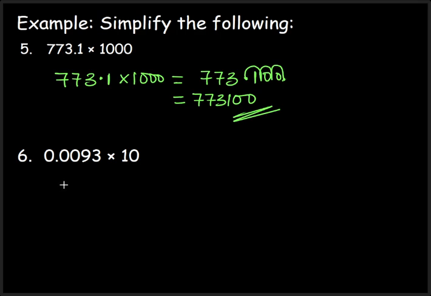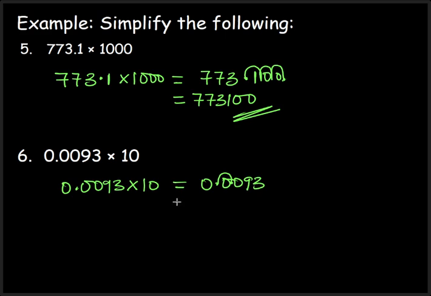And then the final example, 0.0093 times 10. This will be equal to 0.0093. So we have just 1 zero to shift. So our point will be here now.